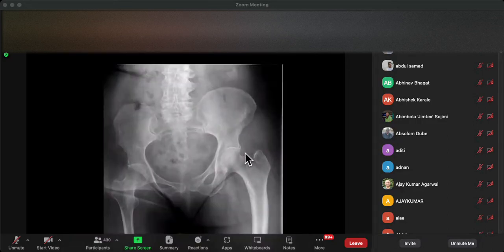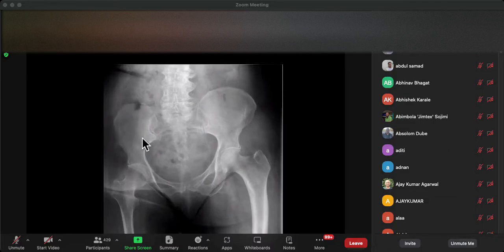Okay, what's going on here? Yeah, polio. So we've got a gracile femur on the right, short femoral neck.